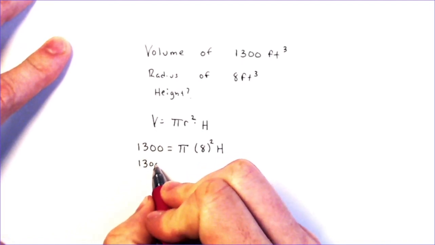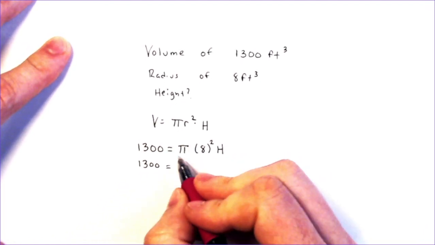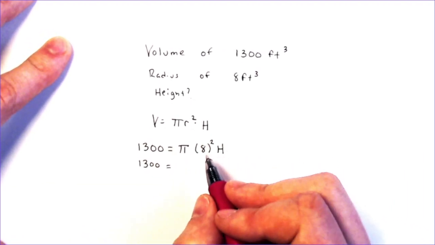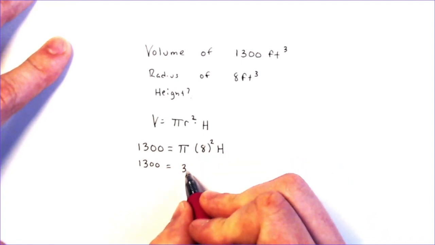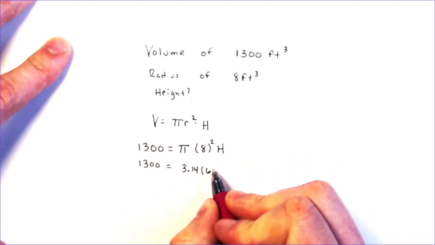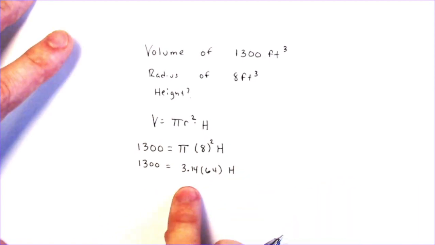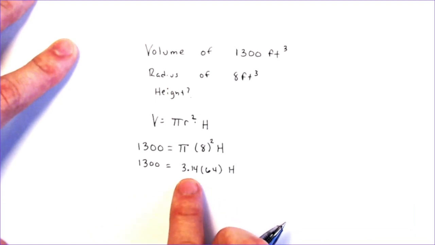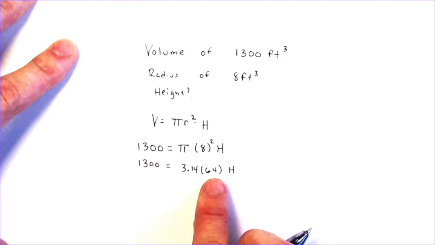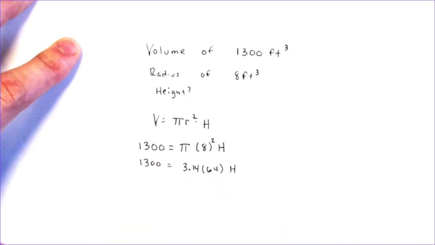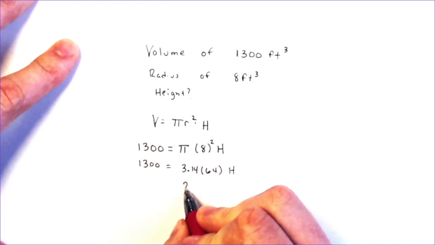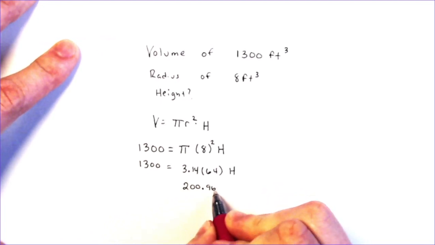We can do a few things here. We can change the pi to 3.14, or we can keep it as pi. But what we can't decide on, and have to do, is 8 squared. 8 squared is 64. And I went ahead and wrote pi as 3.14. So we have 64 times pi, which means that we have 64 times 3.14, and that is approximately 200.96.